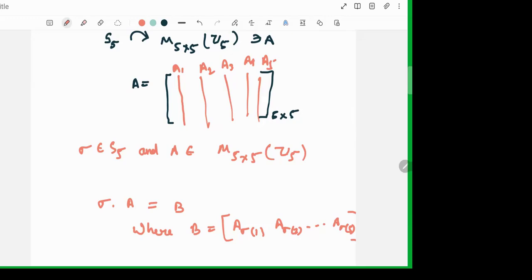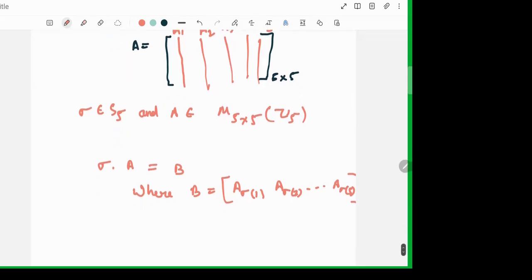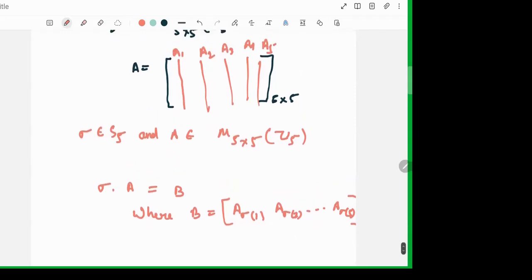Are you with me? Here, for the first column, A sigma 1 corresponds to A1, right? No, no. Sigma 1 is the image of 1 under this permutation in S5, meaning 5 symbols. In sigma, 1 has some image, and sigma 1 denotes the image of 1.